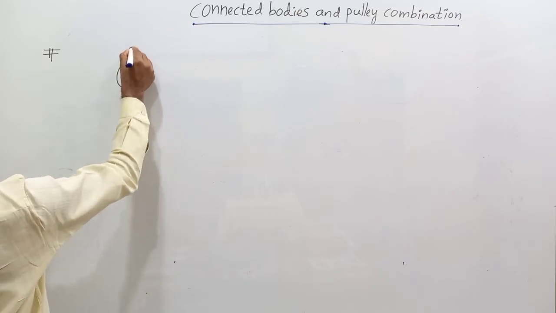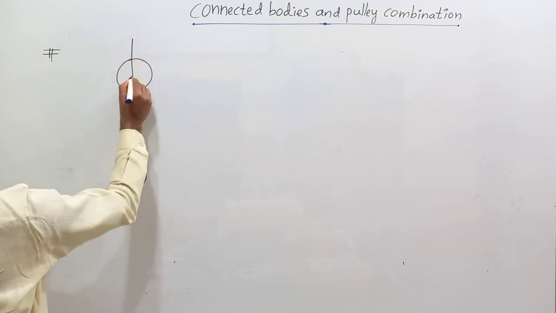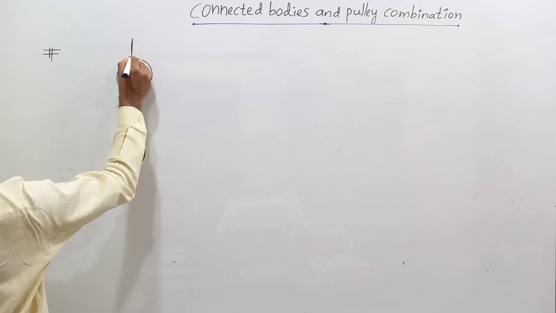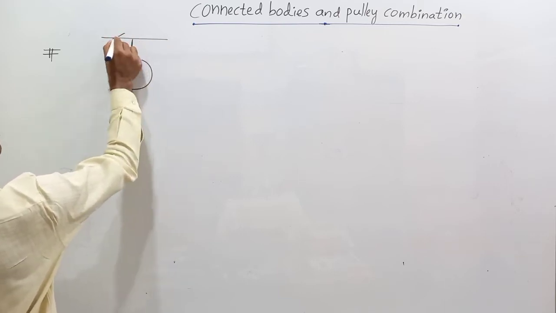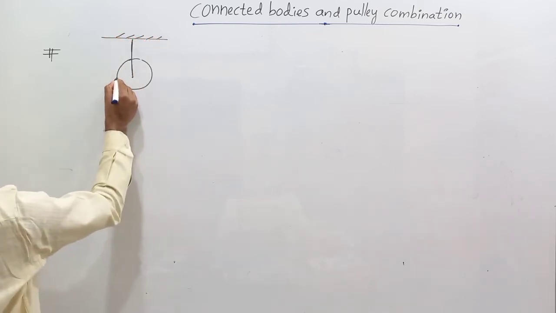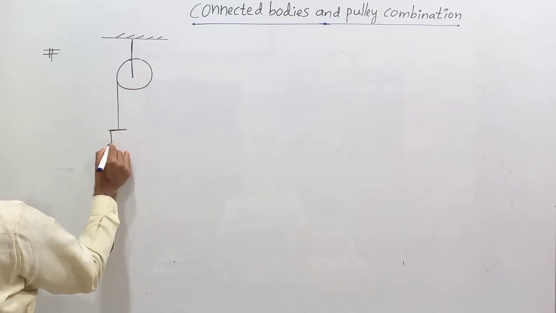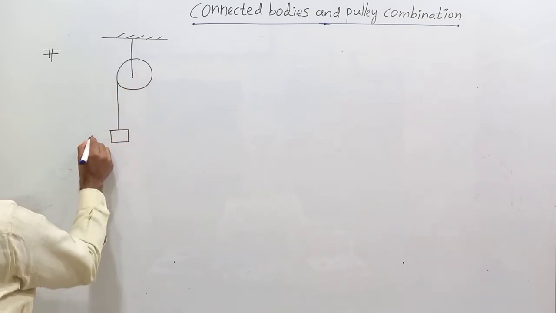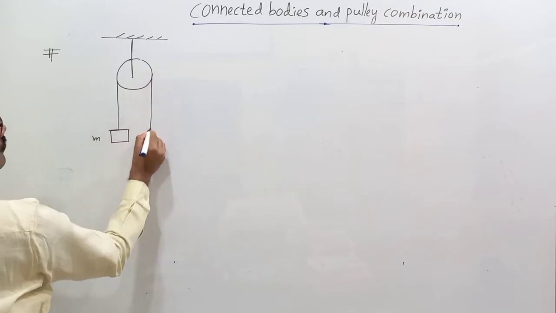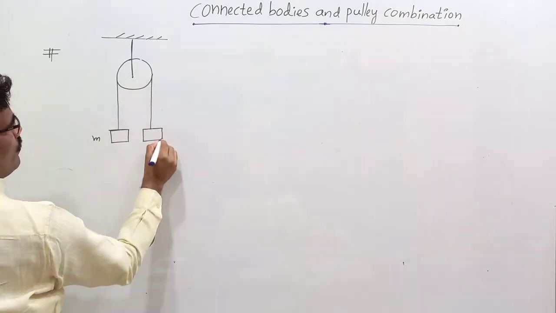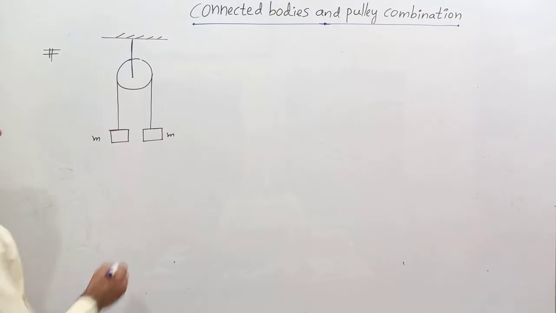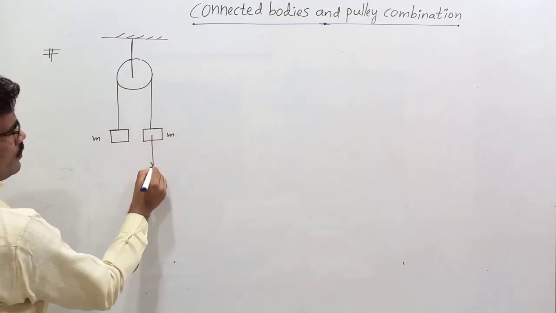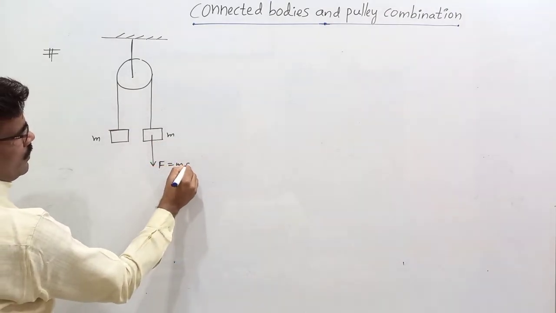Sir, a fixed pulley. The pulley is fixed. A block of mass M, and this block also has mass M, but it is pulled by a force mg.